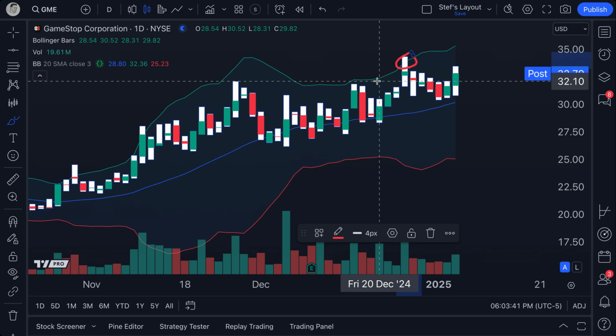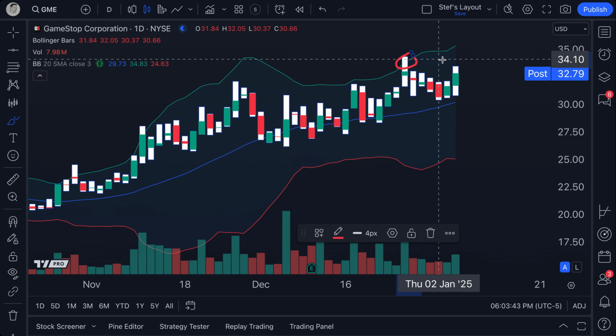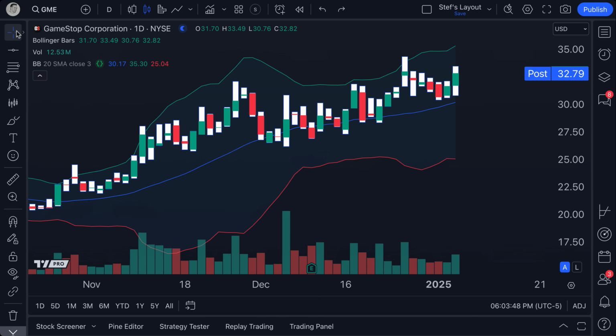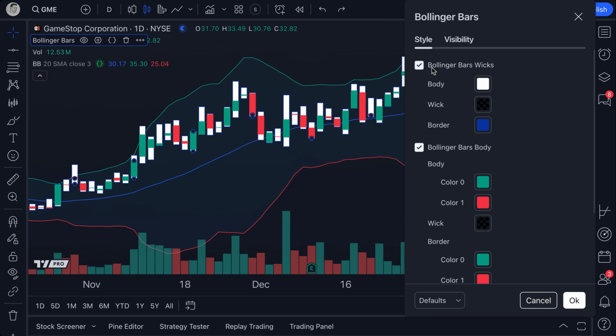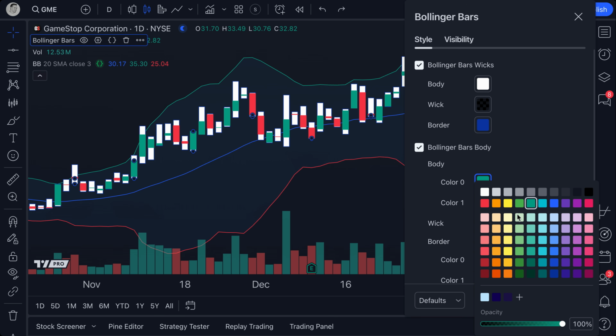Now, what is interesting is we have Bollinger Bands added, and just look at the difference here. Now I have this bar here within the context of these Bollinger Bands. So combining the two makes for an interesting use case. You have effectively created a full-on bar. What's very different is you've colorized the wicks. Now, keep in mind, you can change the color of the wicks and of the bars, by the way.